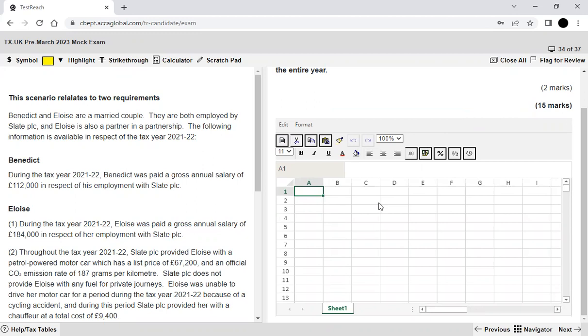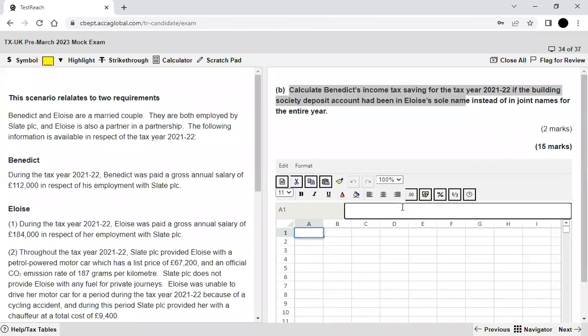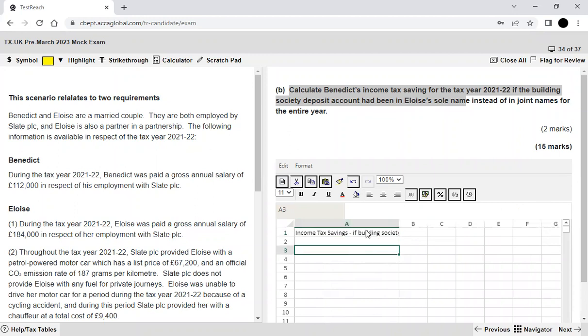The requirement asks you explicitly what will be the income tax savings, right? Income tax savings if the account is in her sole name.